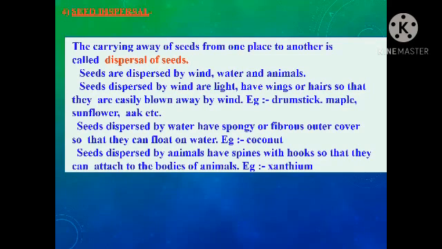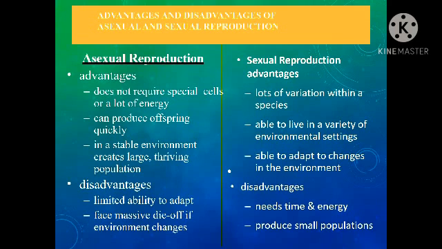Coming to the advantages and disadvantages of asexual and sexual reproduction. The advantages of asexual reproduction: it does not require special cells or a lot of energy, and it can produce offspring quickly. In a stable environment, it creates a large thriving population. The disadvantages of asexual reproduction are that it has limited ability to adapt and faces massive die-off if the environment changes.